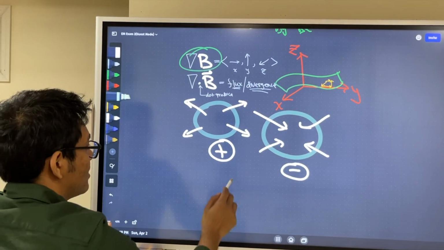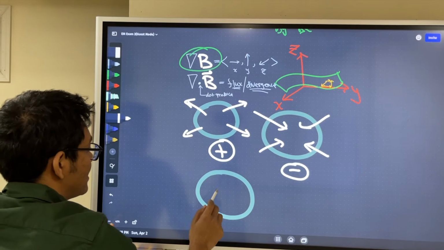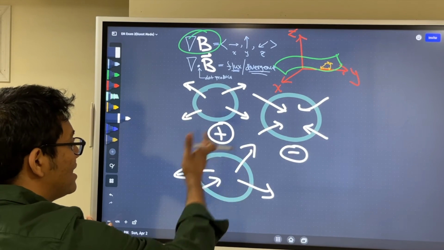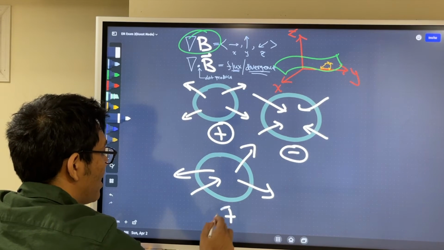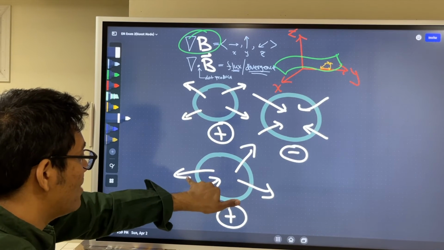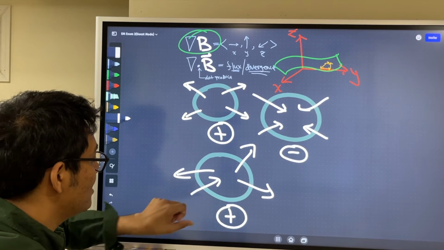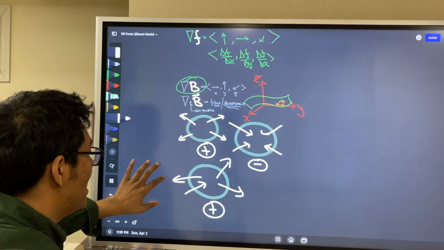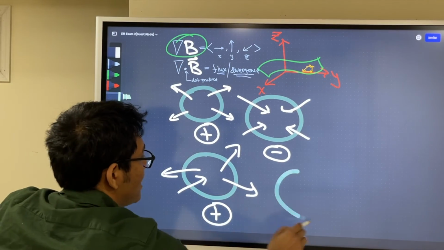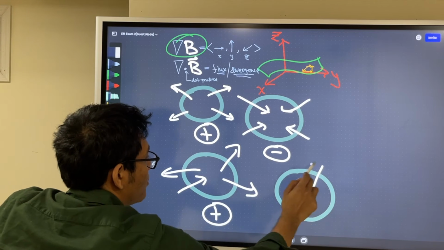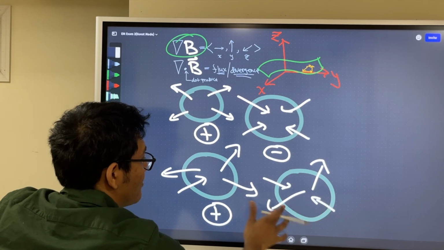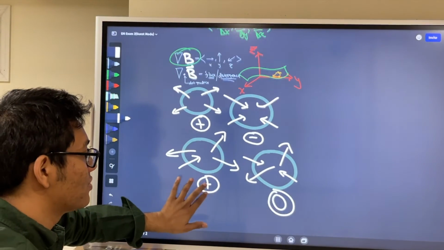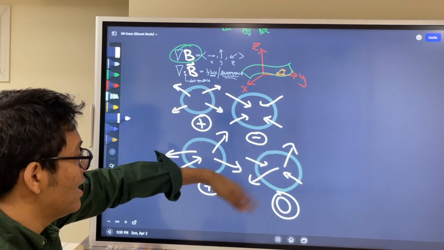If I have the circle but there are more field lines pointing out than in, then the net divergence would be positive, right? 3 field lines pointing out and 1 field line pointing in means there are net 2 going out. So that's a positive divergence. And if I have the same number of field lines going out and in, that means I have 0 divergence. There's a total of nothing changing, right? There's the same number coming in as going out.